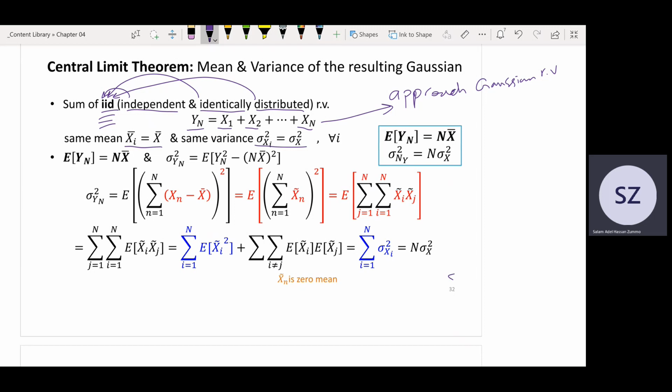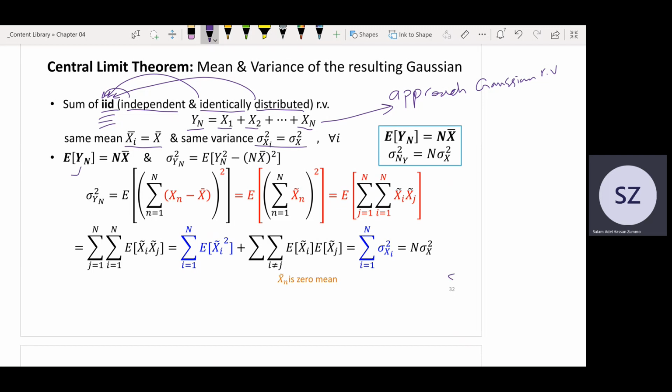So the mean of xi is x bar, and the variance of xi is sigma x squared. We said there are versions of the central limit theorem with dependent and non-identical variables, but we fix here on the simplest case, independent and identical.